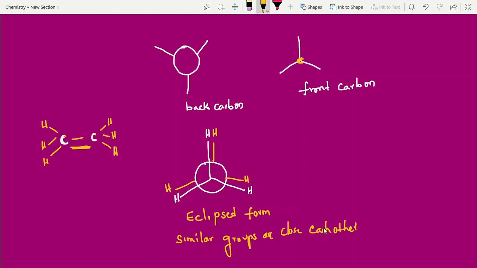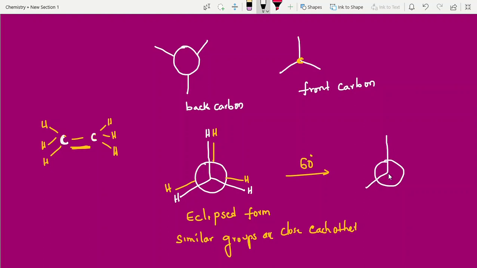Now next, we'll write the other form. If you rotate this by 60 degrees, what happens? Look here, students. The circle is the back carbon.